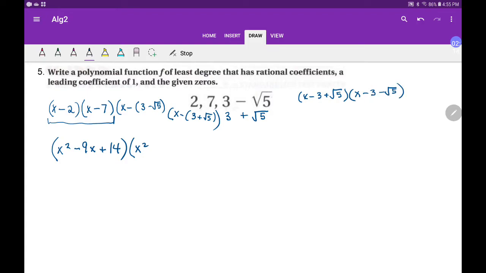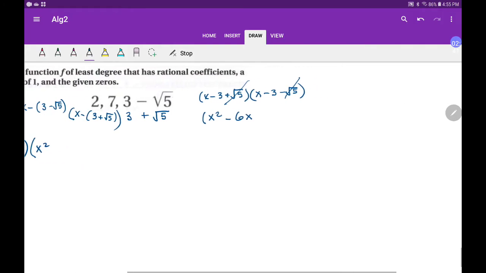So in my middle term, my positive square root of 5 and my negative square root of 5 are going to cancel each other out. So I'm going to get x squared. Now, these cancel, but the negative 3's are both negative 3. So I have negative 3 times x and negative 3 times x, so that's negative 6x.